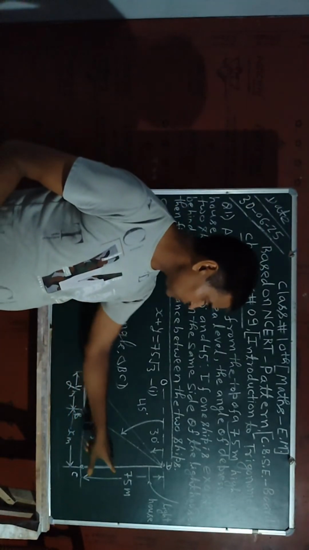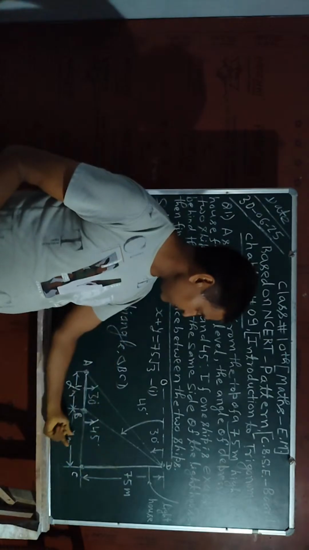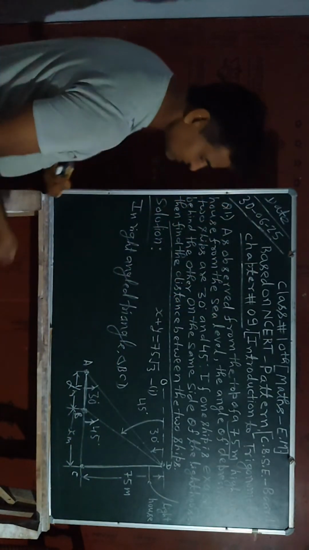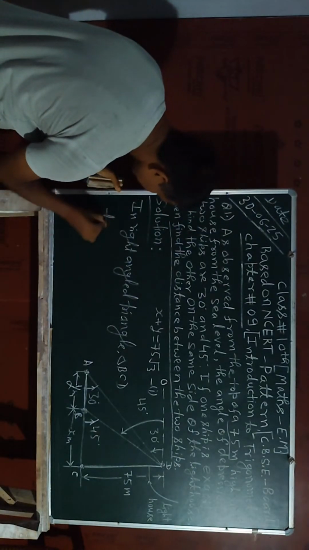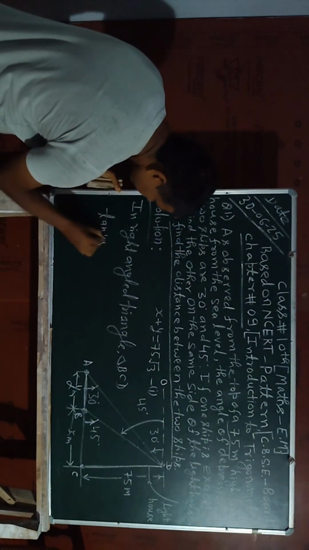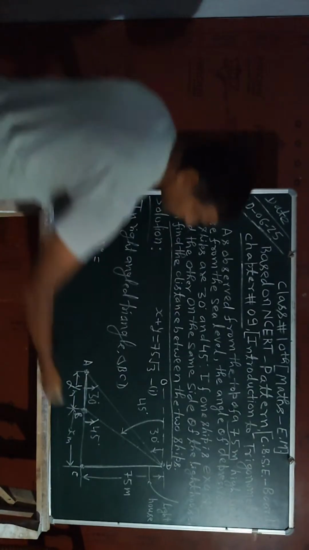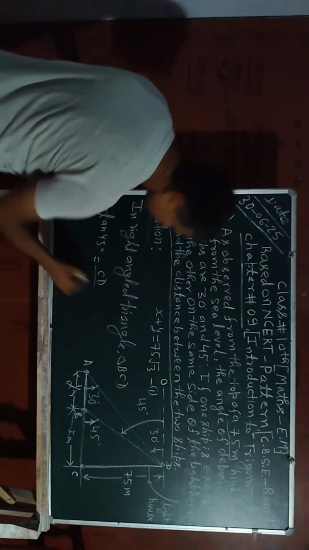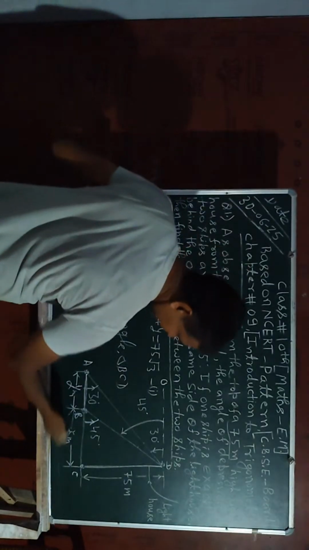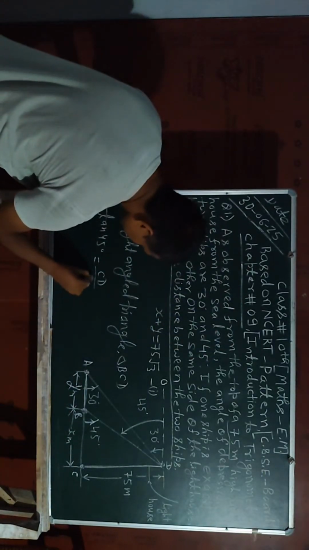Tan theta is equal to perpendicular divided by base. So here I will write tan theta, in the place of theta I will put 45 degrees. So tan 45 degrees is equal to perpendicular CD divided by base. Base is BC. Here I will write BC.